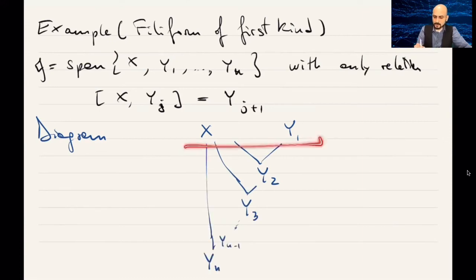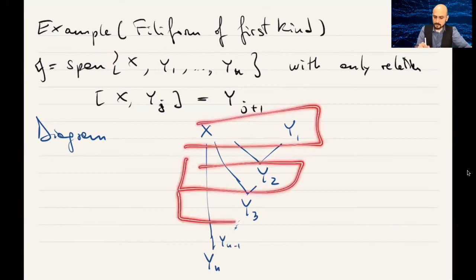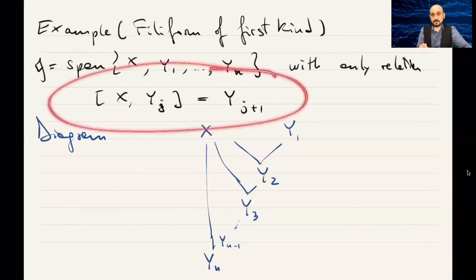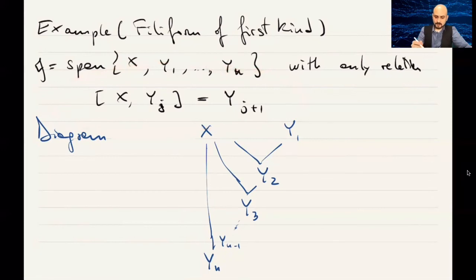You will see that each of these will give a layer, one-dimensional. And of course, like in all these examples, one should really check that these conditions satisfy the Jacobi identity. Okay? I'll give you this exercise. Check Jacobi identity.